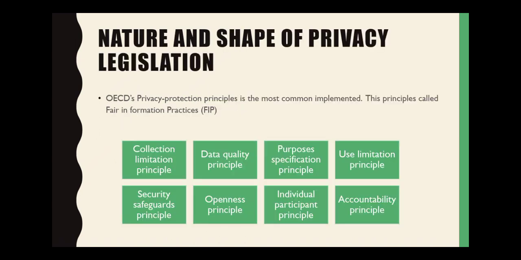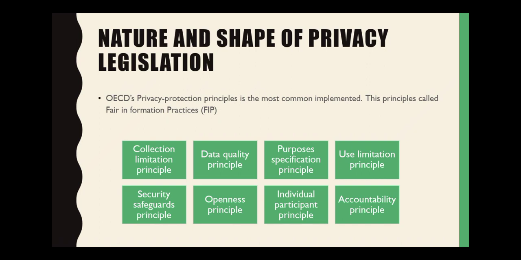Again, the next, it's still related to data privacy. The first is the nature and shape of privacy legislation. About this, the common principle used or implemented for privacy protection is called Fair Information Practice, or FIP.